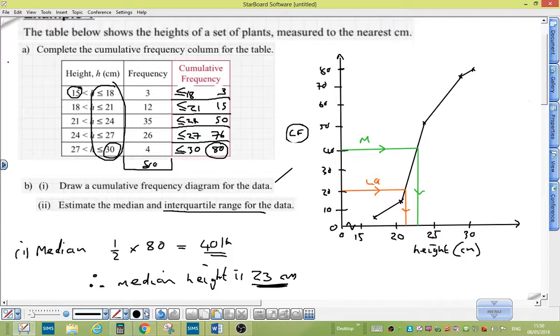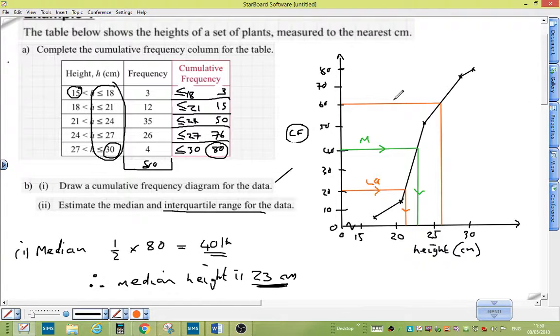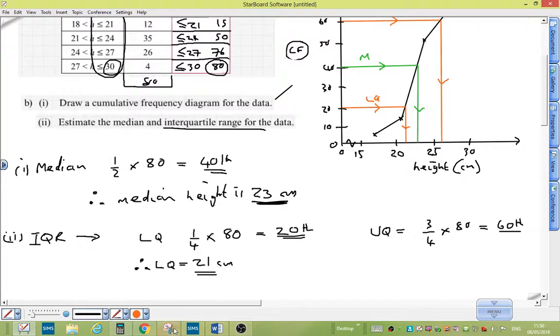So just to finish this off, at 60 you hit your graph and you read down, and I make it to be 26, but that's just mine. Okay, so put an arrow on, and this is your upper quartile, and I'll finish it off by saying therefore UQ is equal to 26 centimeters.